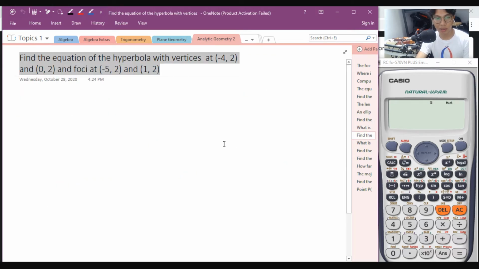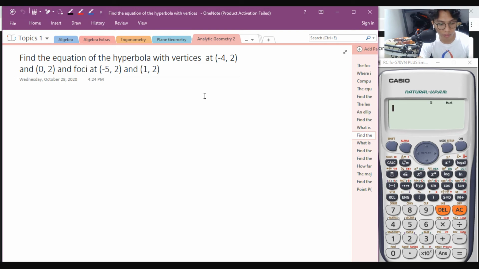Problem number 10. Find the equation of the hyperbola with vertices at negative 4, 2, and 0, 2, and foci at negative 5, 2, and 1, 2. Plotting na yan eh. Inspectionan natin yung mga coordinates niya. Dapat ang focus niya nasa tapat ng hyperbola. I-drawing natin.